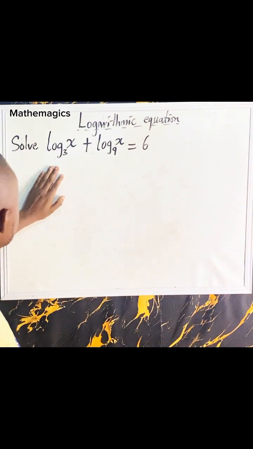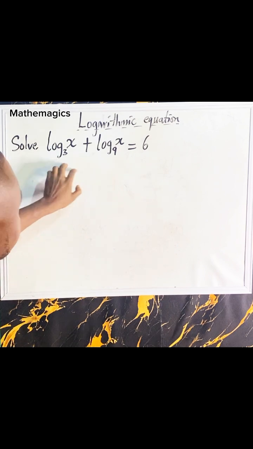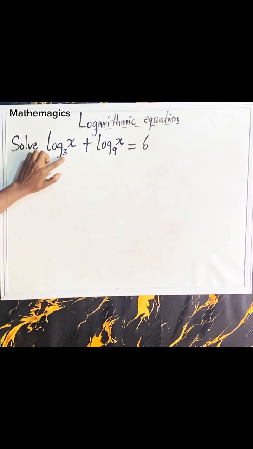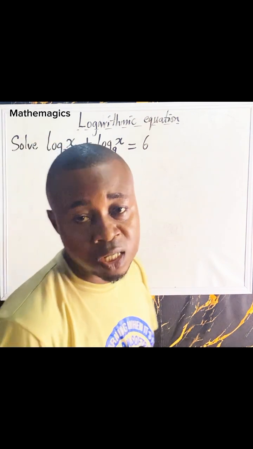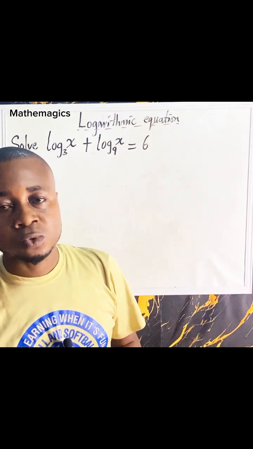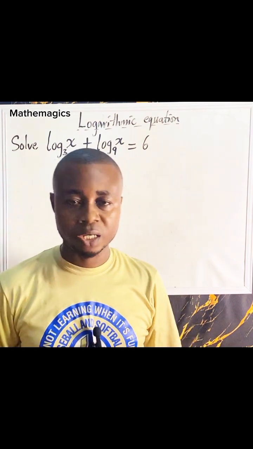So in this case, there is a bit of complication here because this is a logarithmic equation that has different bases. You can see base 3 and base 9. In order to get this solution, we need to use the principle of different base.